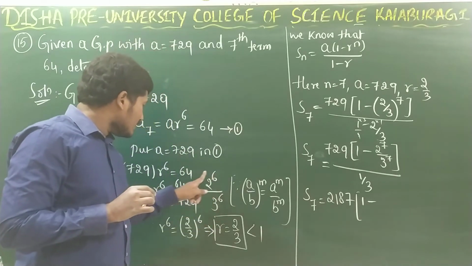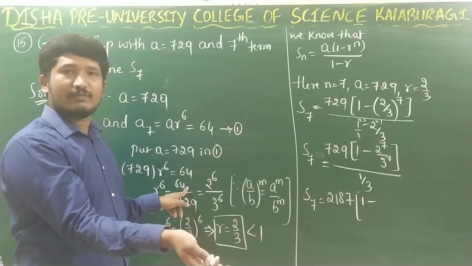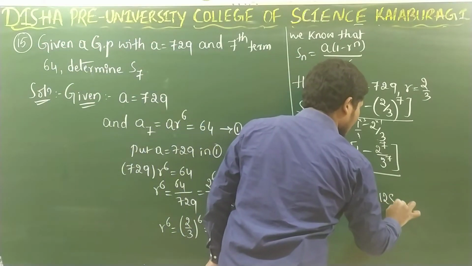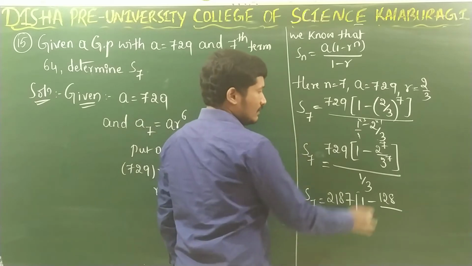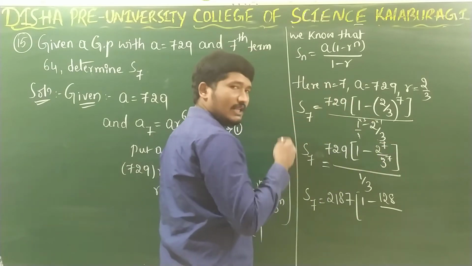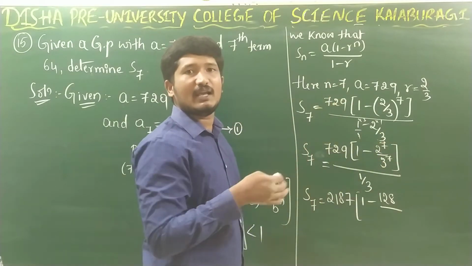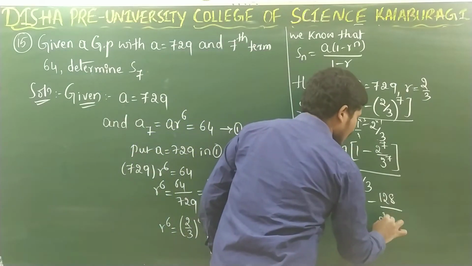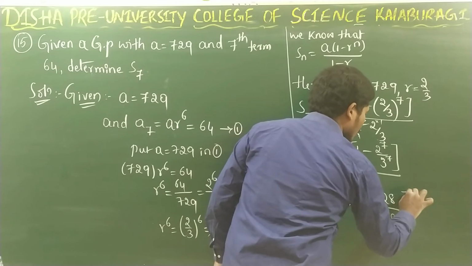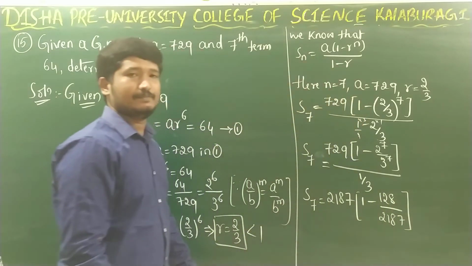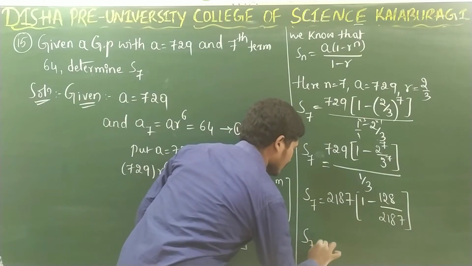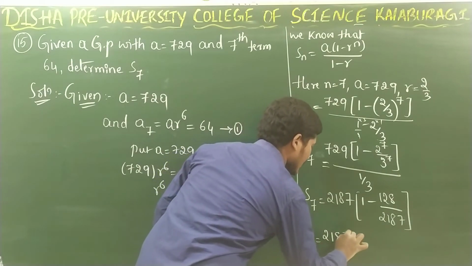Here 2 power 6 is 64, and one more time we multiply, so 2 power 7 will be 128, divided by 3 power 7. That is, you are multiplying 3 seven times, and the answer you get will be 2187. You can check that. So S7 is equal to 2187 as it is now.